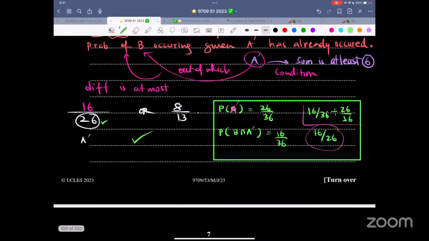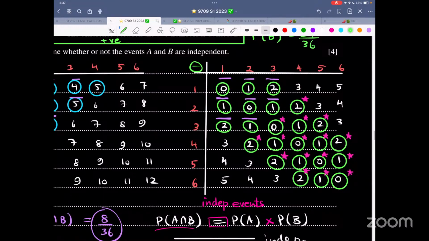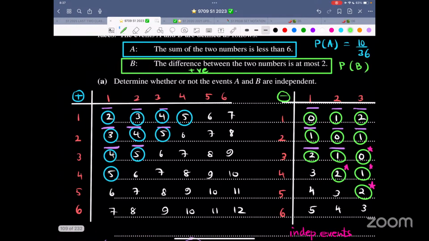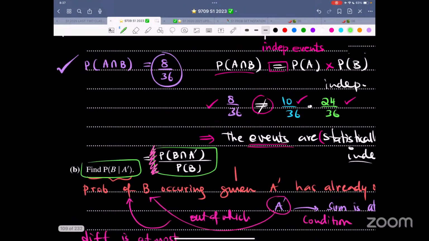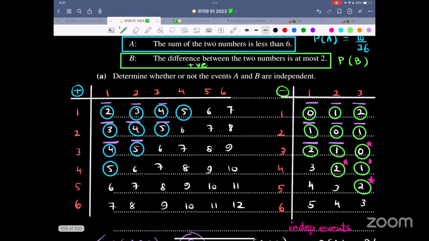That's where this comes in. Over here, it says, first of all, B slash A complement. What is A complement? A is the sum of two numbers less than 6. A complement is the other one, the sum of the two numbers is greater than or equal to 6.